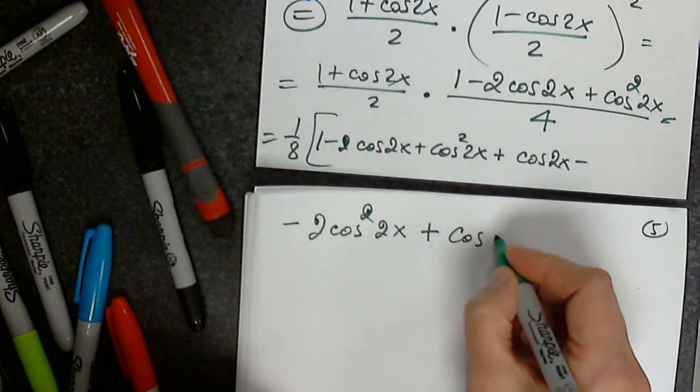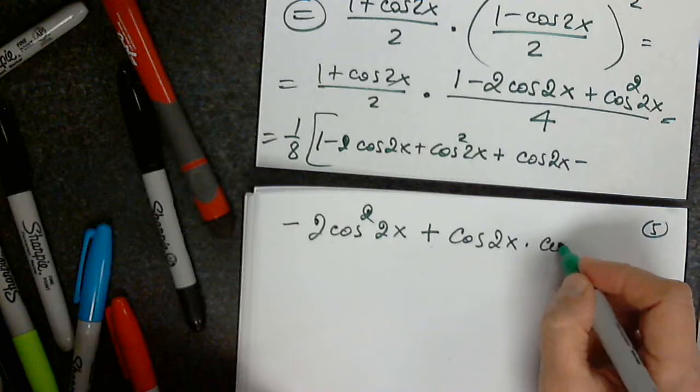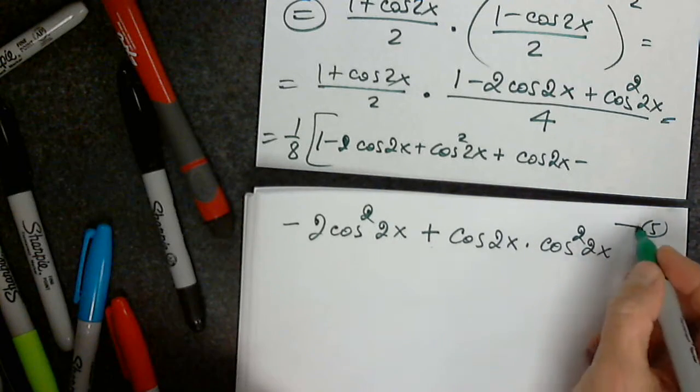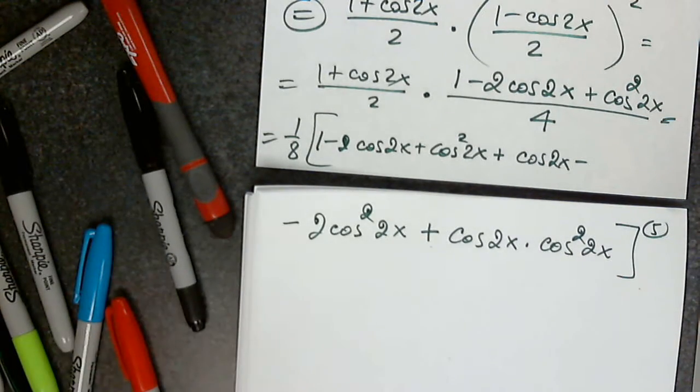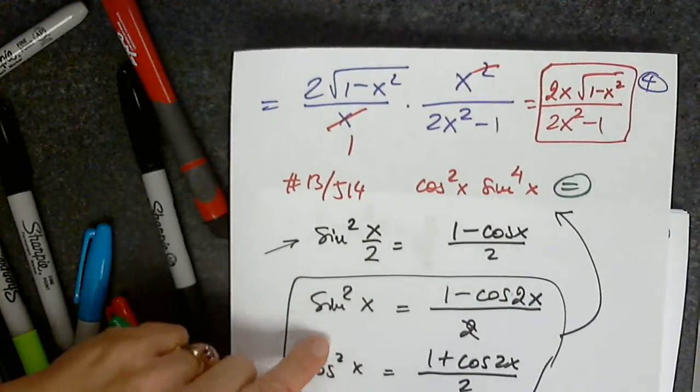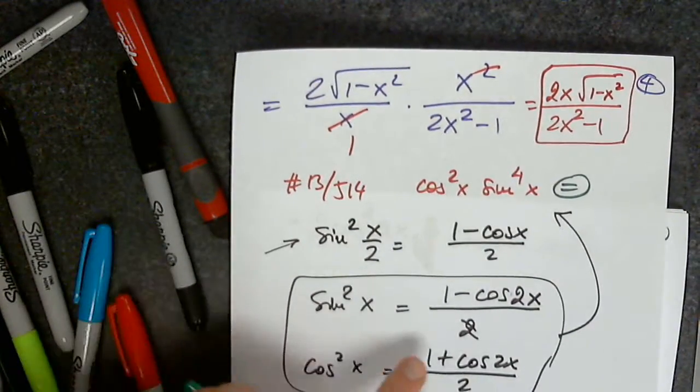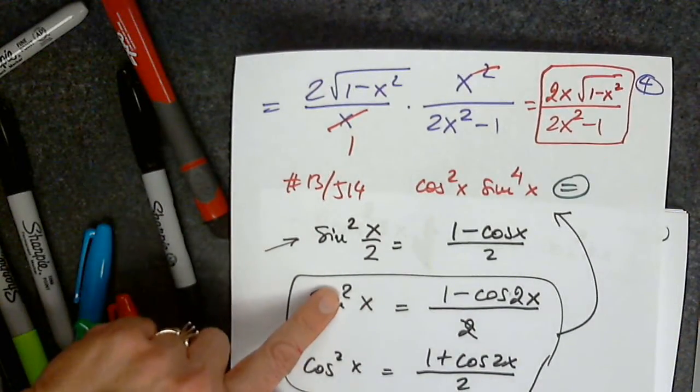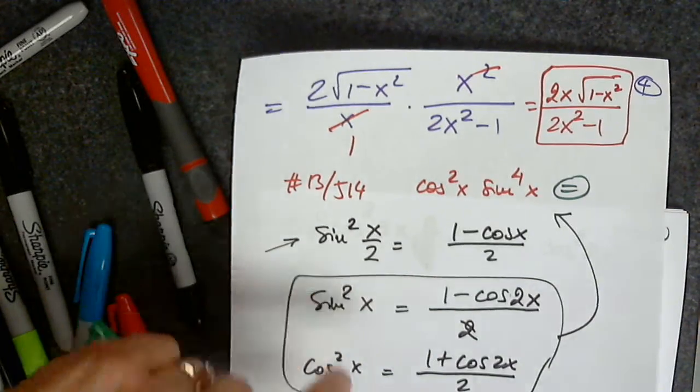I'm just going to write cosine twice x multiplied by cosine squared twice x, and then close the bracket. And if I ask you, why did I leave it like that? And why did I say cosine cubed? Oh, because I cannot lower the cube. I am restricted to only power 2. Only power 2 can be changed into this. Power 3, I can't. Good.